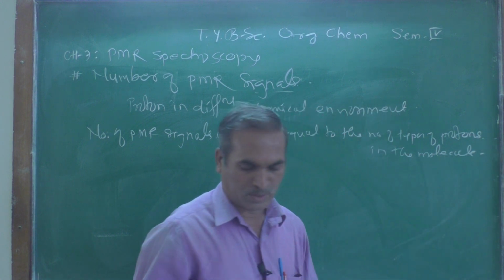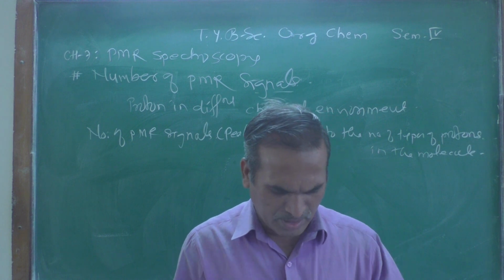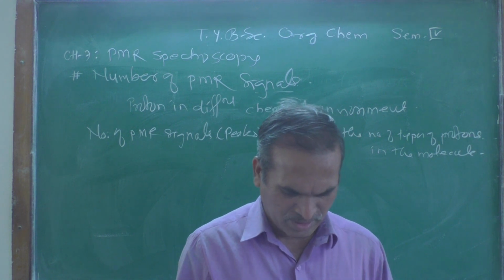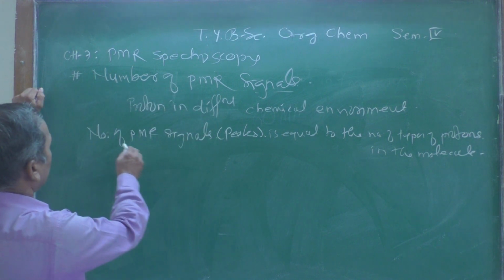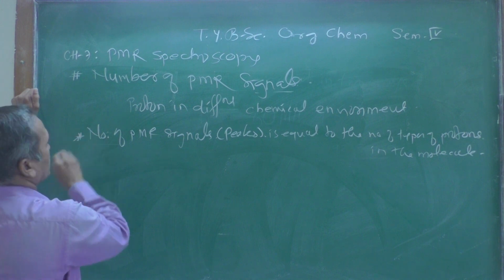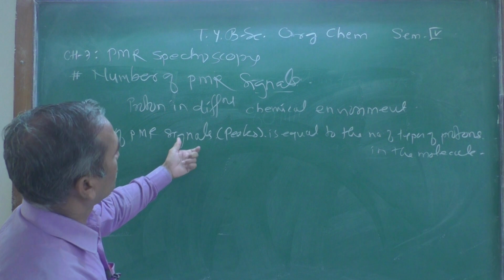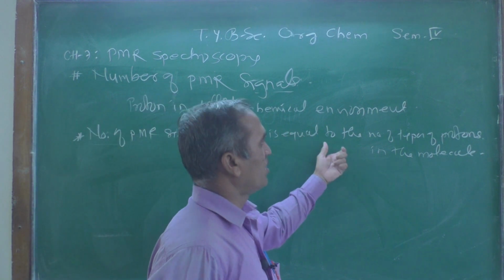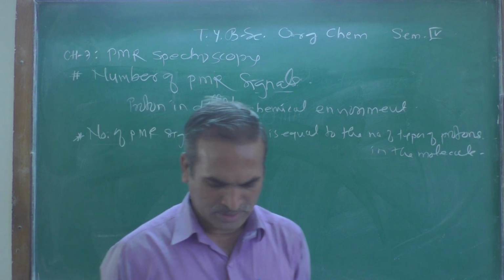Look at it. The number of PMR signals is equal to the number of types of protons. So this is a very, very important point which I am making over here.